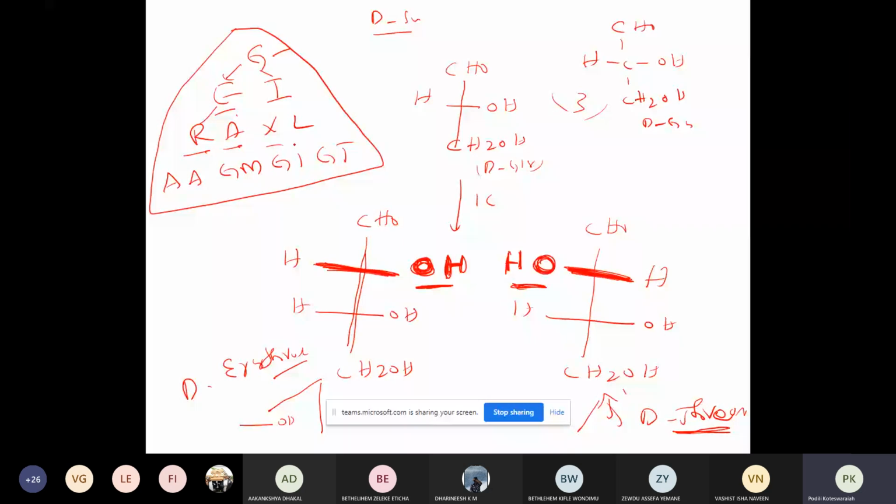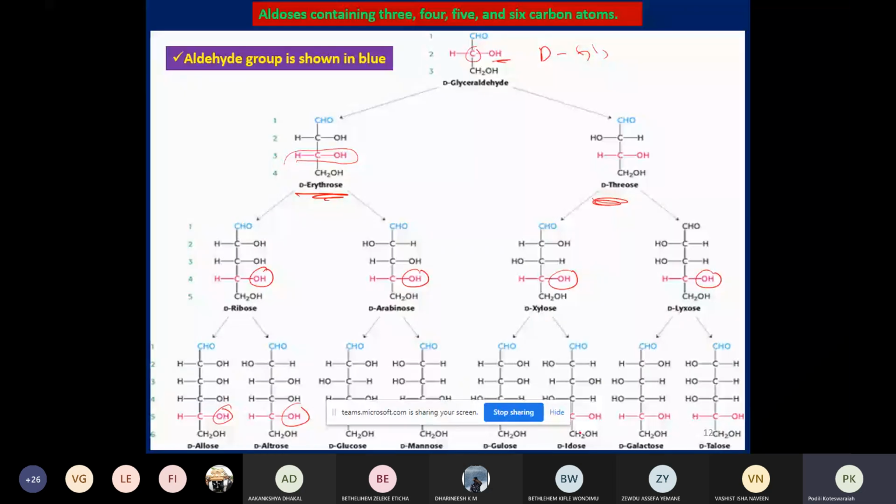From ribose, again one more carbon, hydroxyl once on the right, once on the left, we get allose and altrose. In the same way, from arabinose, glucose and mannose, then gulose and idose, galactose and talose, and so on. So what you need to remember here is the D-glyceraldehyde structure.